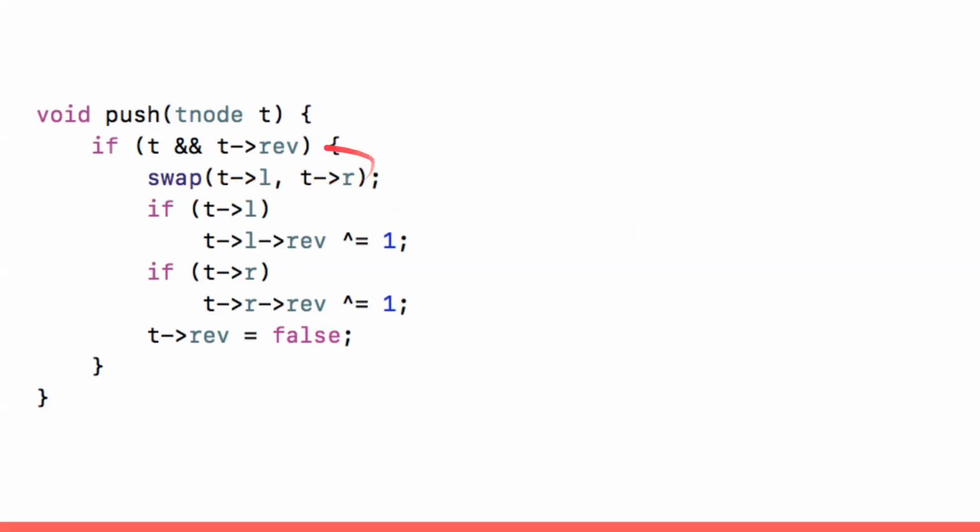And after we swap them, we should also mark them for reversal. So all the elements in left should be reversed and all the elements in right should be reversed as well. That is why we are doing these operations. And after that, we just say that we did the reverse.